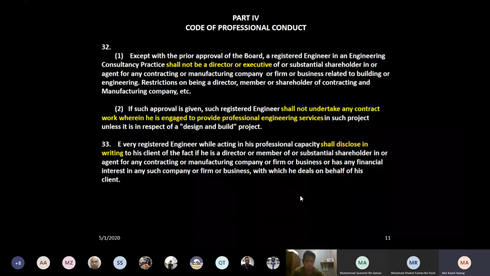So you see how strict the professional conduct of an engineer is. All this is done to protect the integrity of the engineer and of the profession, so as to minimize the conflict of interest of the engineer in a particular project.